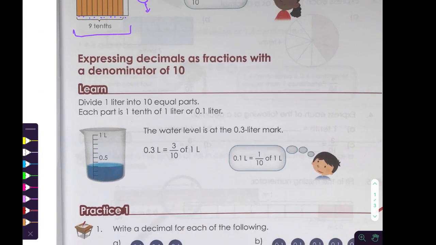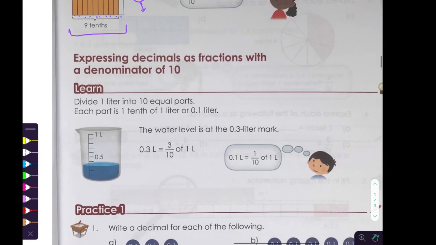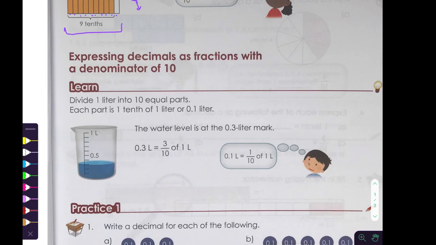Let's take a look at another example. Expressing decimals as fractions with a denominator of 10. What was the denominator? In a fraction, the number on the bottom is called the denominator.